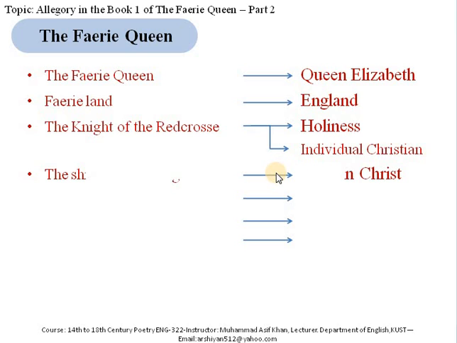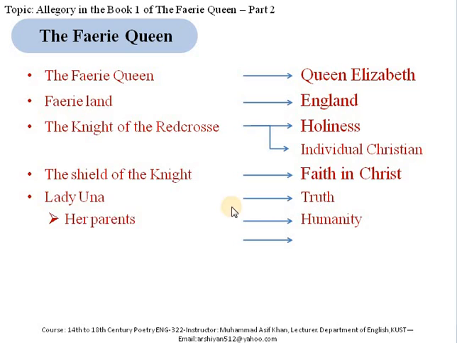The shield which that knight is wearing also has symbolic meanings, and we see that there is a bloody red cross that represents faith in the Holy Christ. In the same way, the main female character of this story is Lady Una, and Lady Una represents truth.